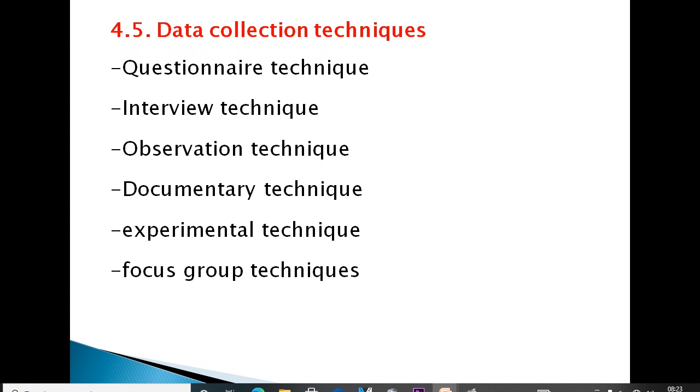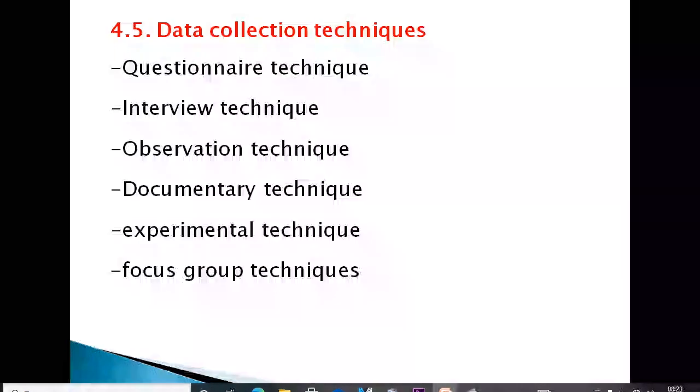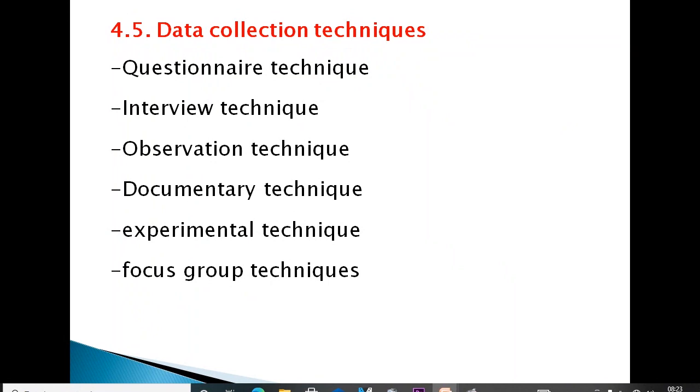That is what we call focus group interview or focus group technique. The researcher can collect the data. Note that for primary data, the researcher can use the questionnaire technique, interview, observation, experimental, and focus group technique.